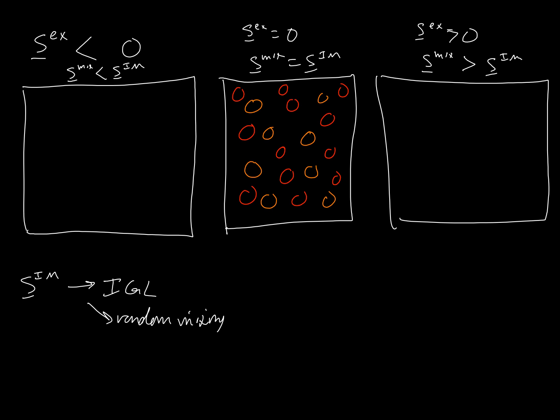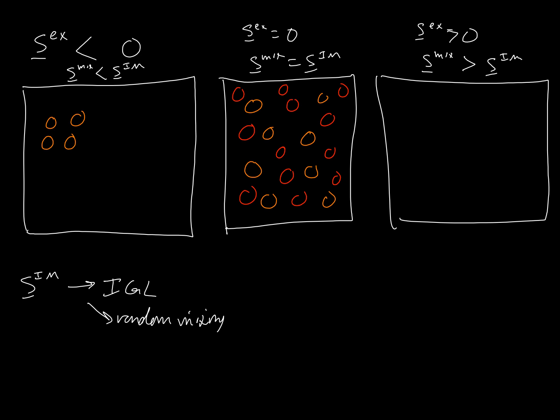So if I were to redraw this system for a negative excess entropy of mixing, so that there's less mixing than the ideal case, what would it look like? How should I redraw these red and blue? They would be closer together. Exactly. Two reds or three reds.